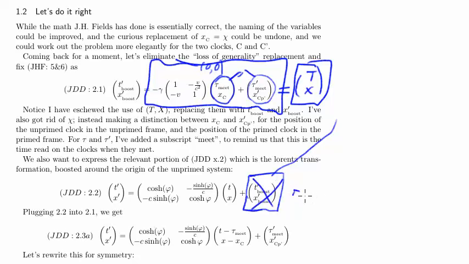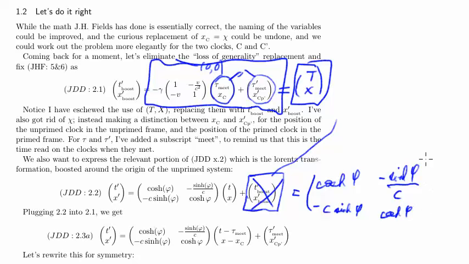We'll cross that out, and it's equal to negative gamma, wow. I didn't make this easy on the reader, did I? Let's write it, switched over to the other version of it. So again, it's cosh phi, negative sinh phi over c, negative c sinh phi and cosh phi times tx.